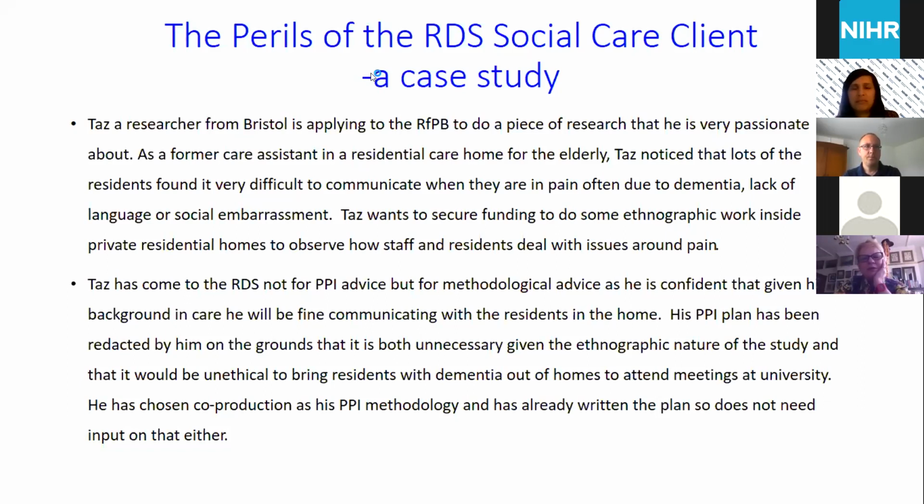What else? Anyone else got any thoughts on this? This is Katie here. I'm getting the sense from the description that there's maybe some kind of principle involved here, that Taz is not very keen on PPI. So I would almost wind the conversation back from the specifics of the project, which he'll be very attached to because it's his, and get him to talk and open up about what his thoughts and understanding are of PPI and co-production, and try to get a discussion going outside the specific project.